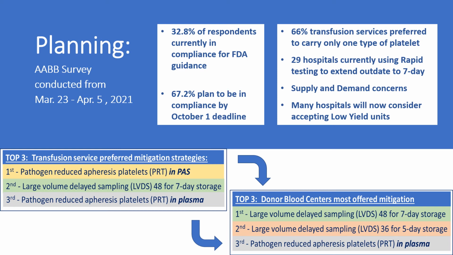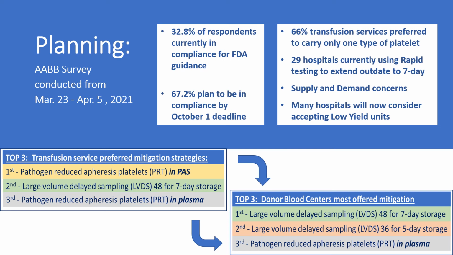Interestingly, the top 3 platelet products preferred by transfusion services were pathogen-reduced platelets in PAS, 7-day LVDs platelets, and pathogen-reduced platelets in plasma. Yet the donor centers listed LVDs 7-day platelets as their most offered product, followed by LVDs 36 and pathogen-reduced in plasma.